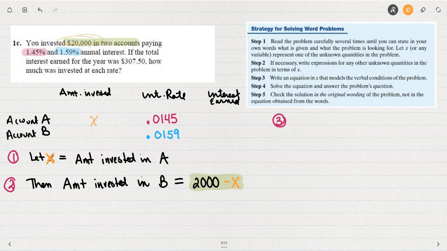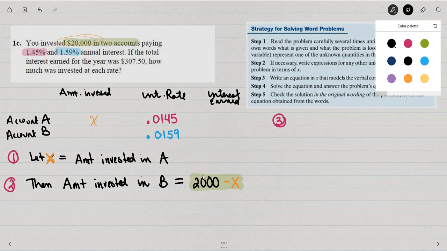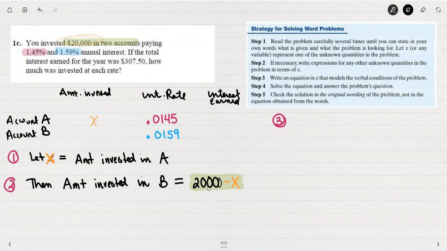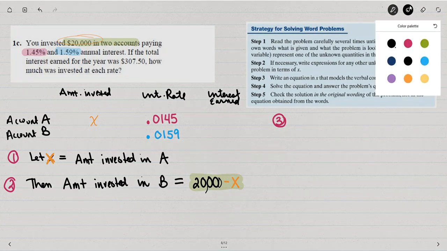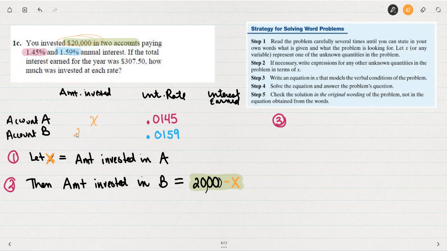I think I wrote this incorrectly as I was preparing it, because I need one more zero, right? $20,000 minus X, the amount invested in the first account, will give us the amount that's left over for the second account. So $20,000 minus X for the second account.